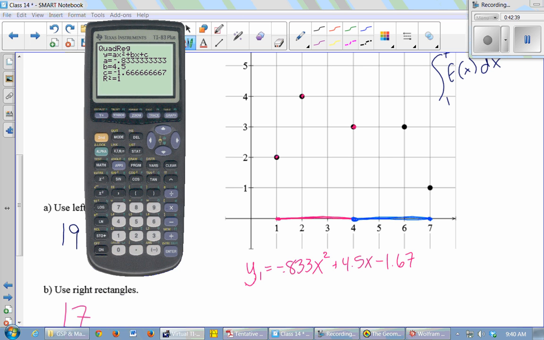And then let's just take a quick look at it. Zoom 9 will show me my... I'm doing the 3 on the first interval. I'm fitting one parabola to the first 3, then I'll fit another parabola to the second 3, find the area under each parabola, and add it up.